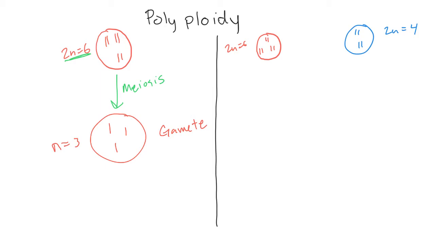Okay, if there's an error in meiosis, I gotta make this smaller. And all of the chromosomes go to one side or the other, where you have a polyploid event.